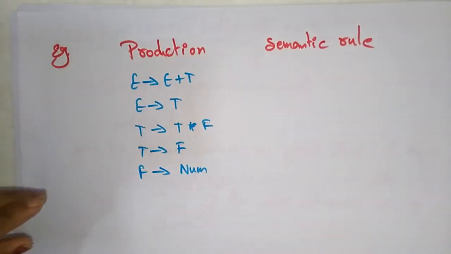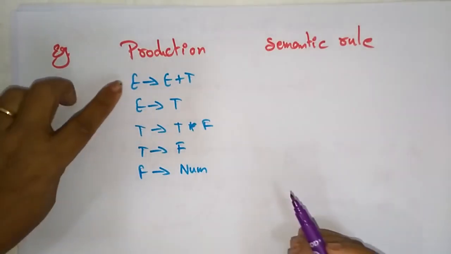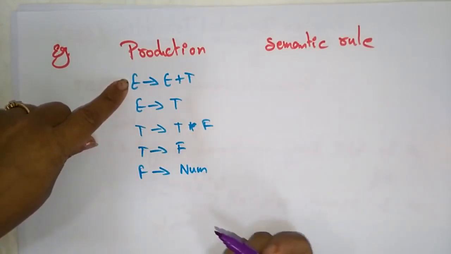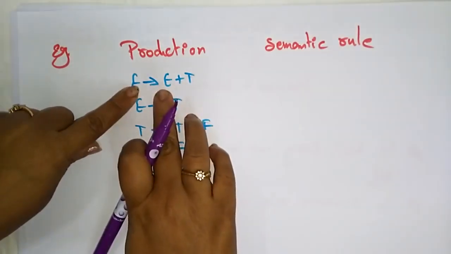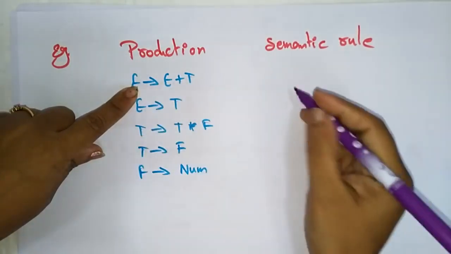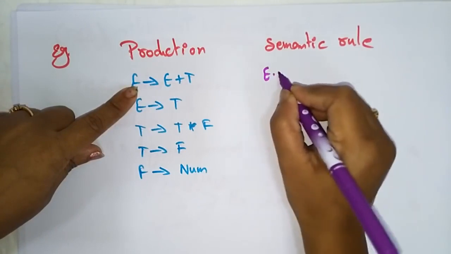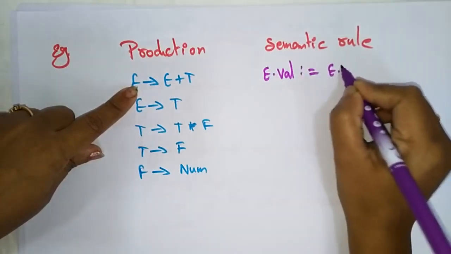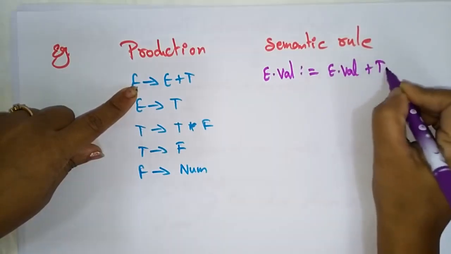The semantic rules, as said, are associated with an attribute. The non-terminal can get 0 or more attributes. So in this semantic rule, the non-terminal will be added with an attribute: E dot value is equal to E dot value plus T dot value.